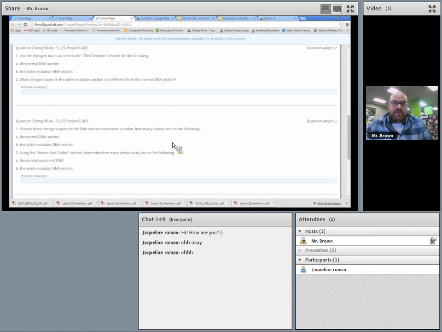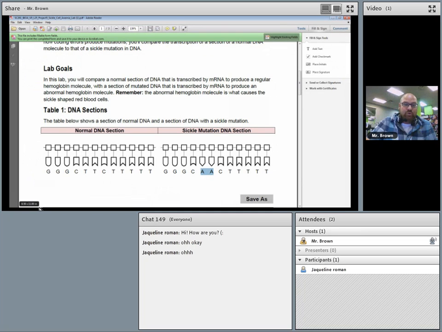Every 3 bases, just like you don't read letter by letter, you read words. DNA works the same way, except every word is 3 bases long. Their words are called codons. So there are 1 codon, 2 codons, 3 codons, 4 codons in the normal DNA section.